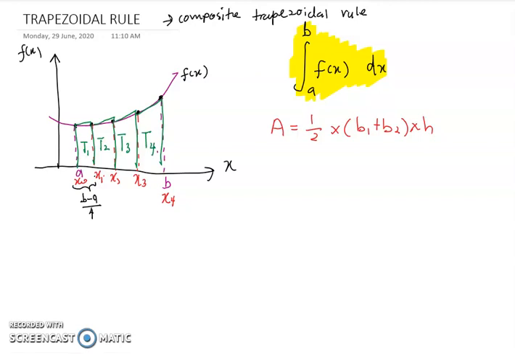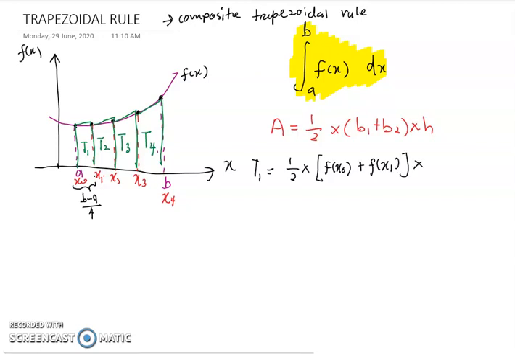So the area of the first trapezoid is 1/2 times (f of x0 plus f of x1) times h.